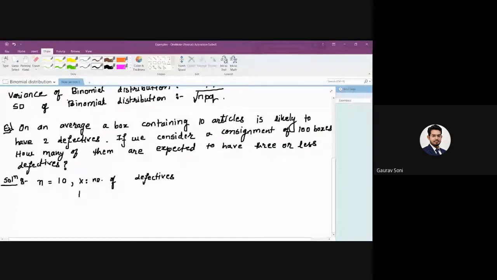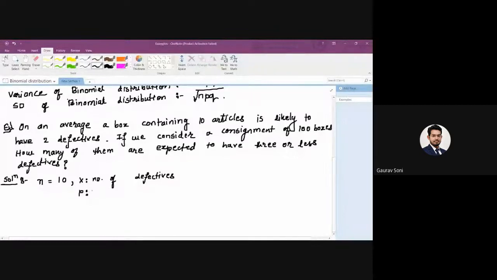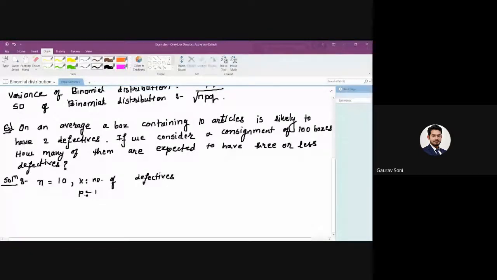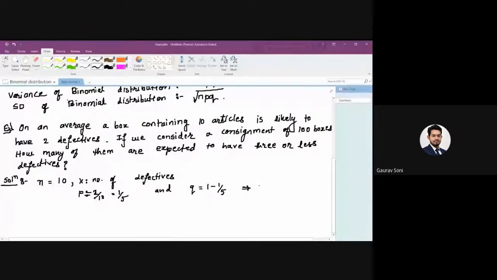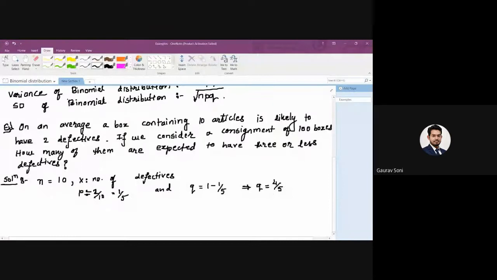So the probability of success is 2 by 10, which is nothing but 1 by 5. And so the probability of failure is going to be 1 minus 1 by 5. So this gives me q equal to 4 by 5.